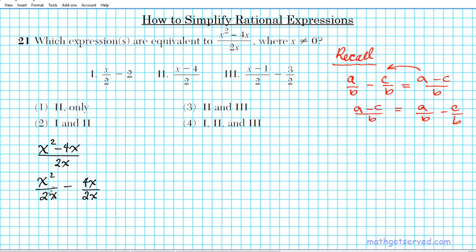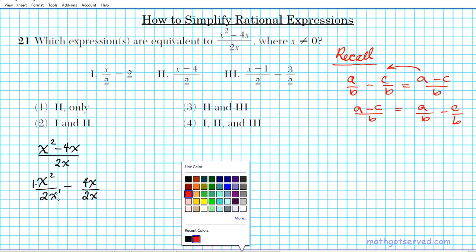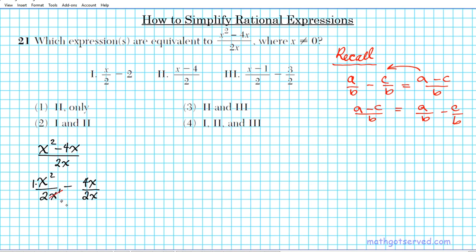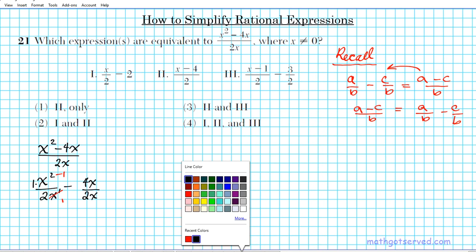x squared divided by 2x. The x in the denominator is x to the first power, so dividing this out, we have 1 over 2, and that 1 over 2 stays there. For x squared divided by x to the first power, we subtract the powers: x to the first goes here once, and you subtract this power from the bigger one, minus 1, using the quotient property of exponents.